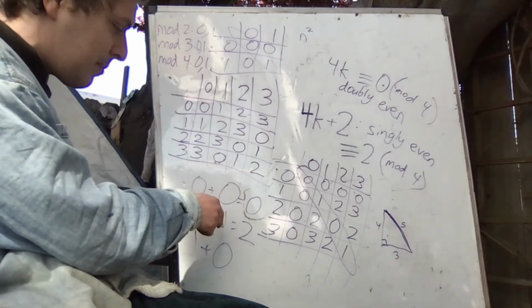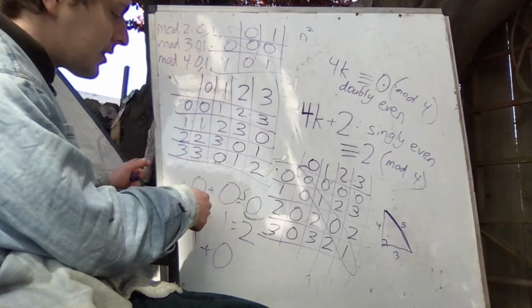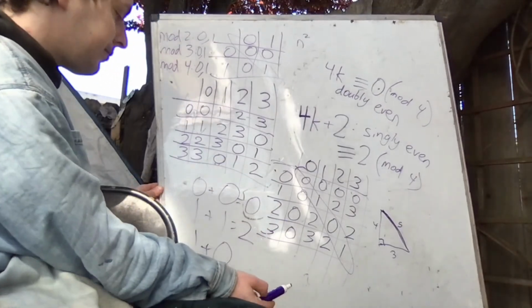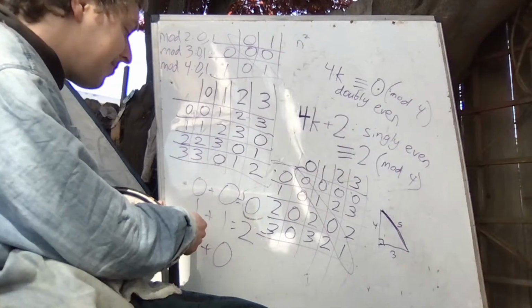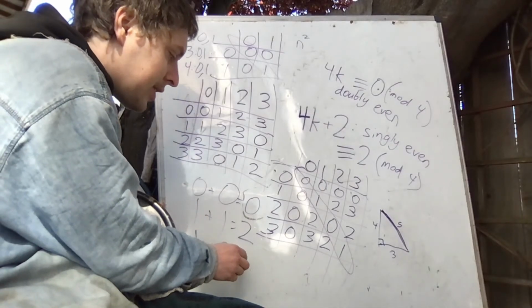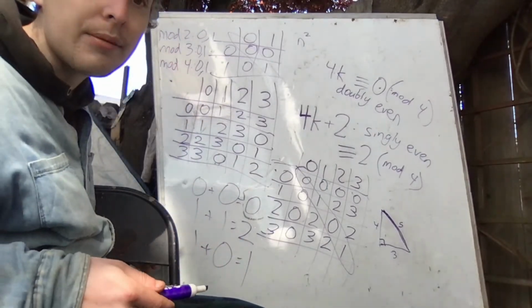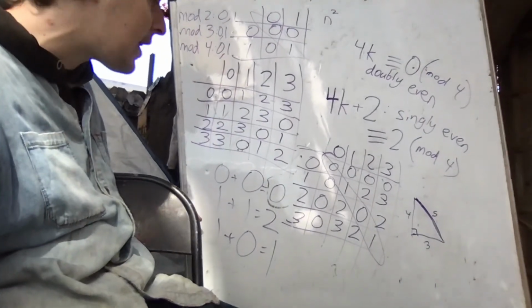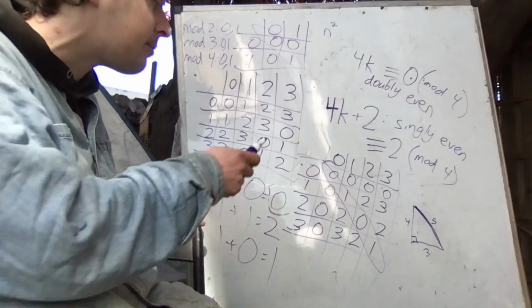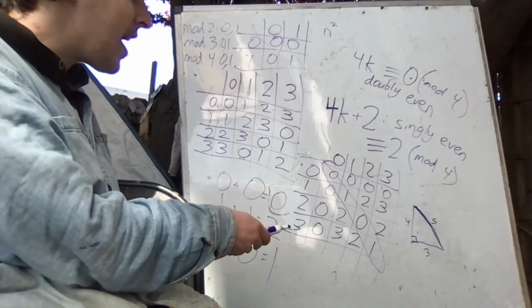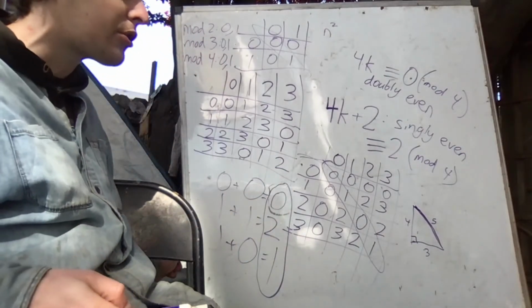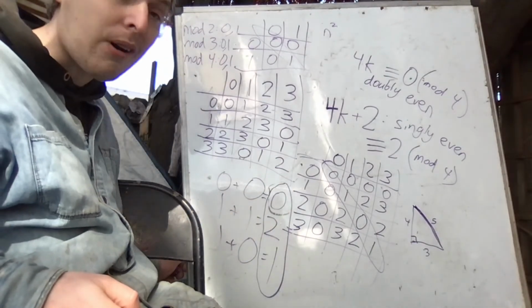Now if I add up a congruent to 1 and a congruent to 0, I get another congruent to 1. These were all the possible ways I could add two square numbers in mod 4. So these are all the possible sums of two square numbers in mod 4.